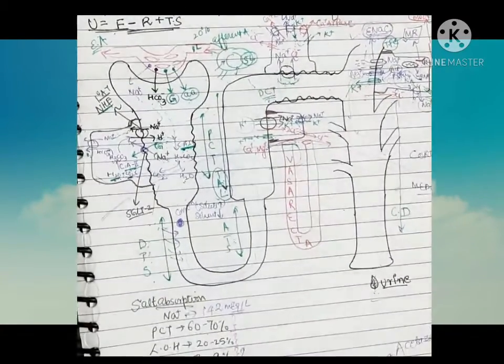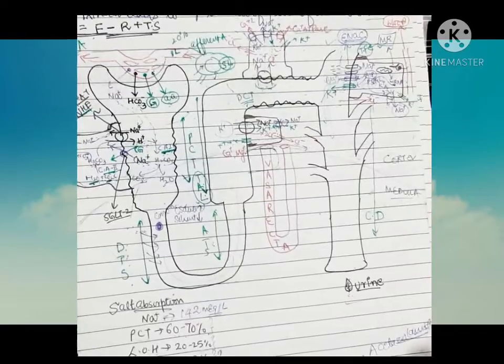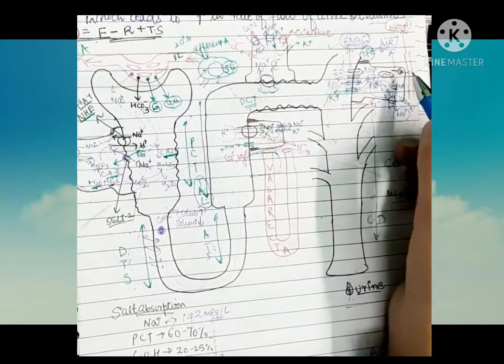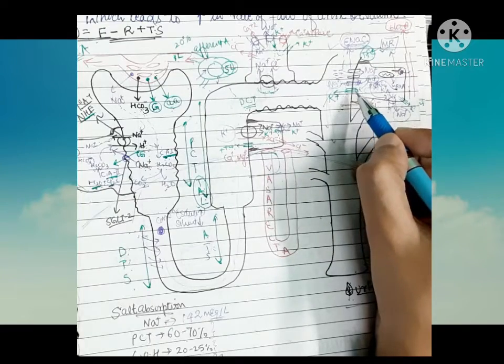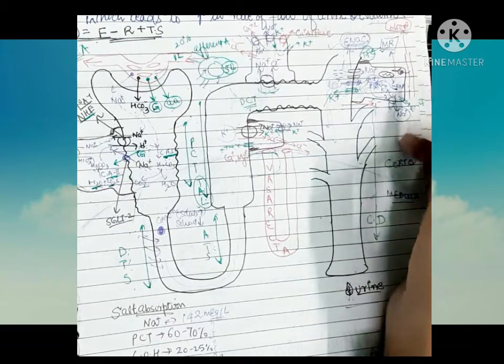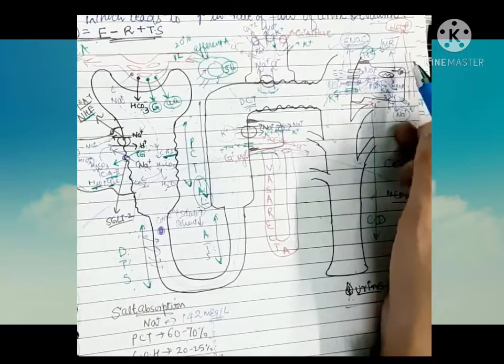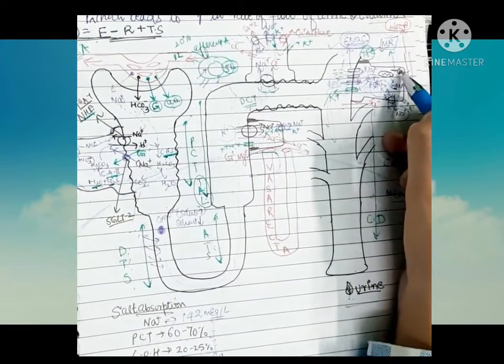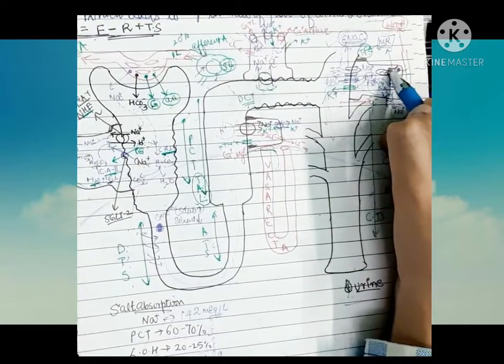Let me zoom in. What does this potassium sparing diuretic do? There is a mechanism which I have told you twice. Let us suppose there is an aldosterone receptor inhibitor. This is the receptor of aldosterone, and it will be inhibited.